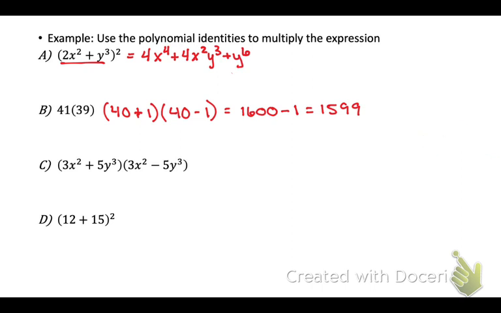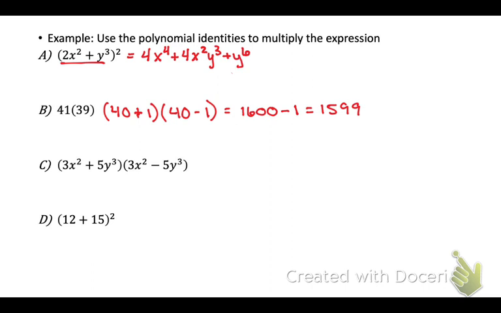Okay, let's go to the bottom one. Next one. 3x squared plus 5y cubed times 3x squared minus 5y cubed. What do you got there? Those are conjugates, right? If they're conjugates, what's going to happen to the middle term every single time when you multiply it out? 0, isn't it? So do you need to multiply it out?